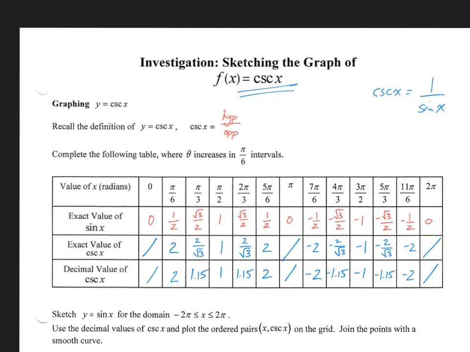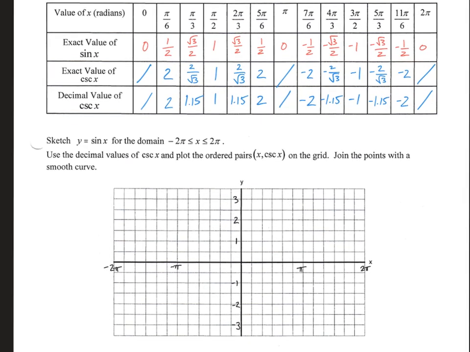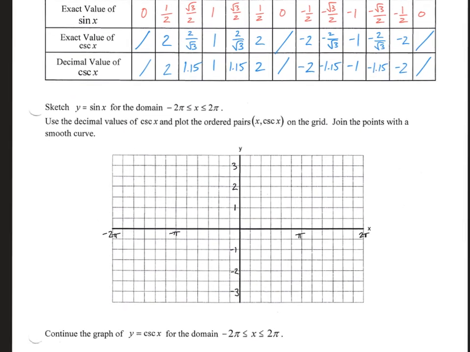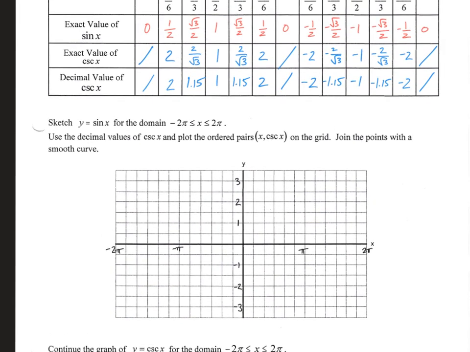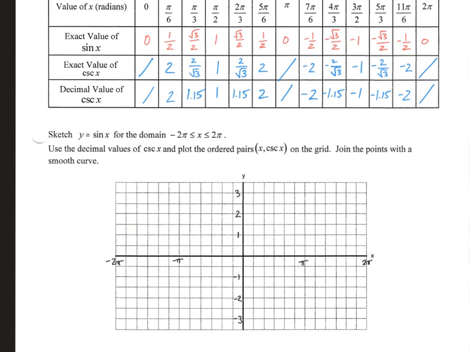So what I'd like you to do is go through relatively quickly, take that table, and graph the blue values. If you have some colors, this is very useful. If you don't have colors, don't do this. But if you have multiple colors, let's put on a quick graph of our sine curve.